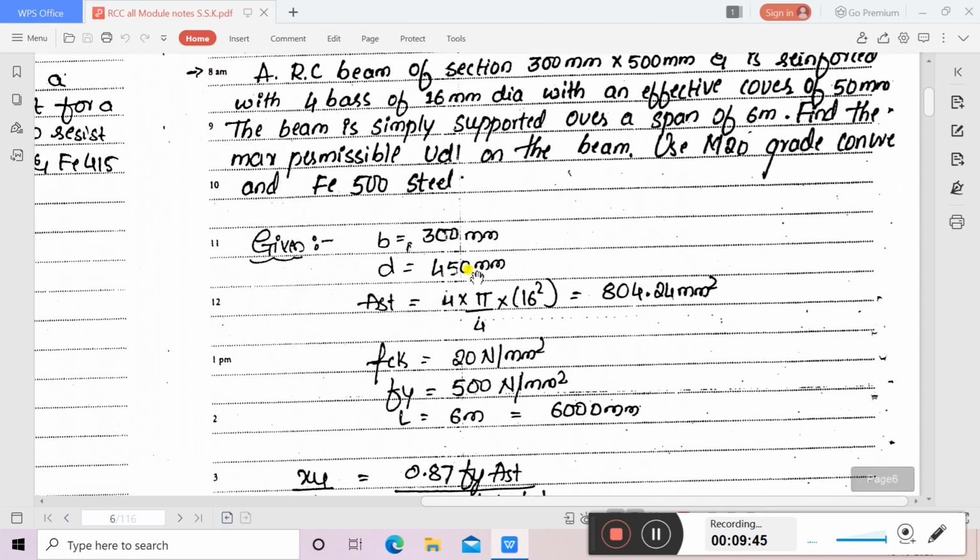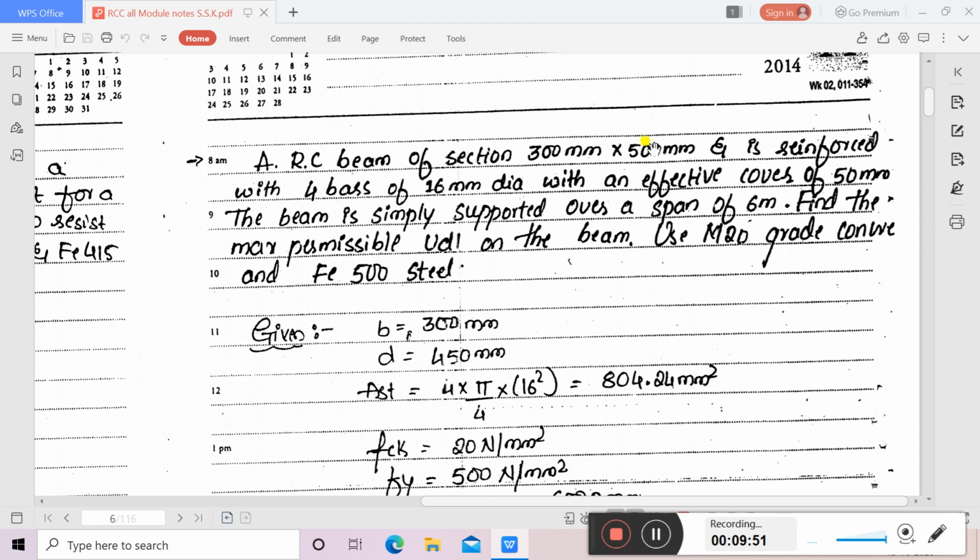So this will be the problem. First I'll write b is equal to 300 mm, d is equal to 450, small d. Why? 500 minus the effective cover of 50 mm. So always capital D is more than small d. D minus d dash, you will get small d here.